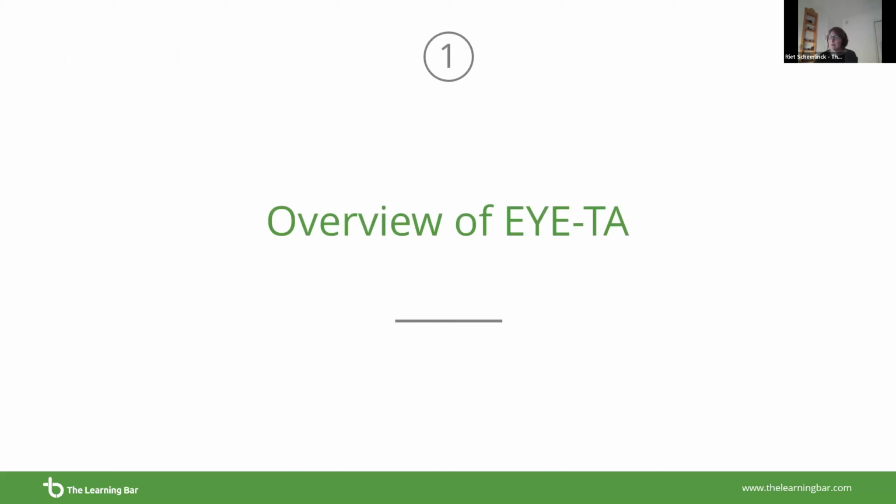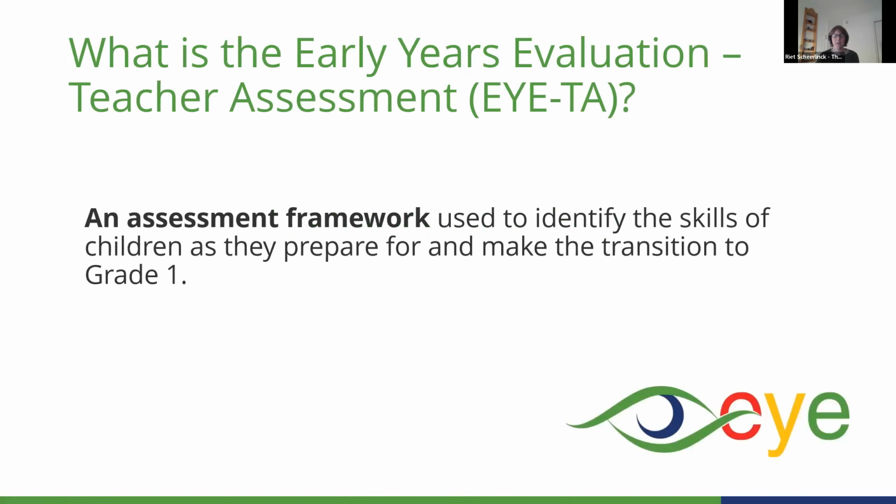Let's begin by quickly reviewing the EYE teacher assessment. The EYE TA is an assessment framework used by kindergarten teachers in the classroom to identify the skills of children aged 4 to 6 as they prepare for and make the transition to grade 1.